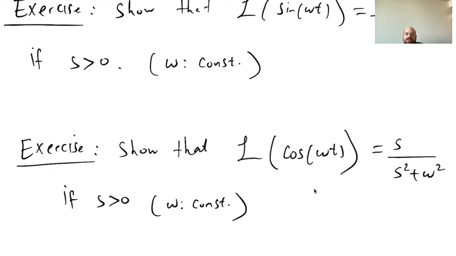In particular, if omega is 1, then the Laplace transform of cos t is s over s squared plus 1. So the Laplace transform of sine t is 1 over s squared plus 1, and the Laplace transform of cos t is s over s squared plus 1.